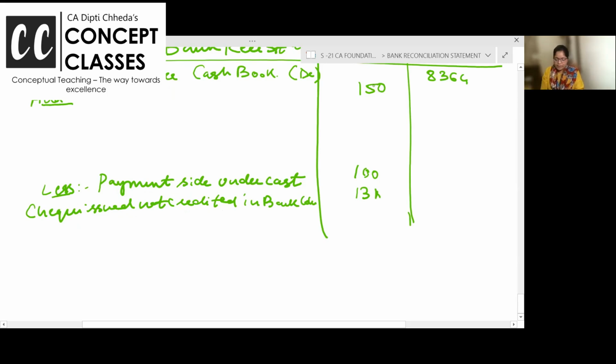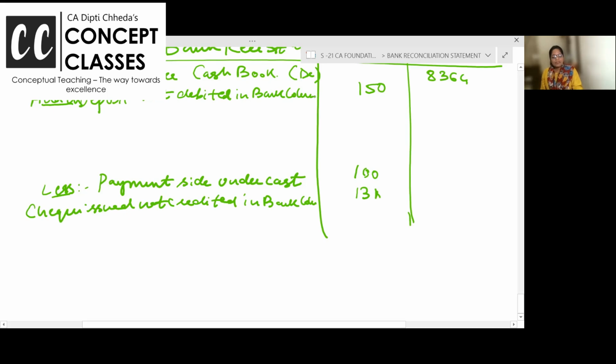If you have not debited, now you debit. Check deposited, not debited in bank column. So now you debit, at 18th March.